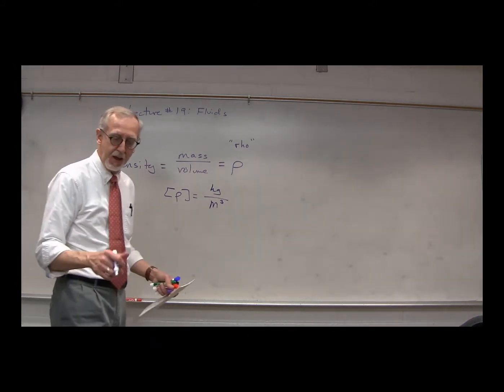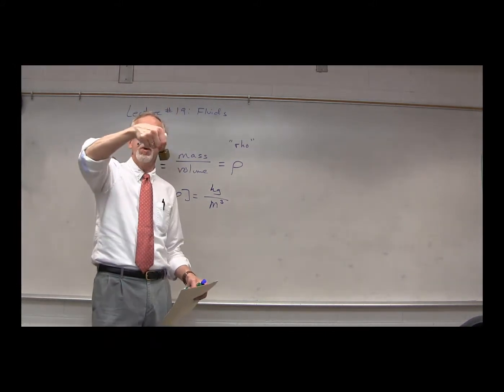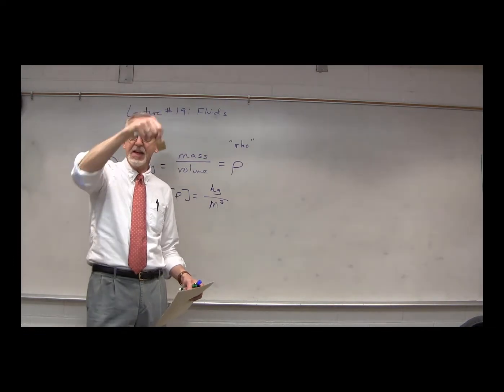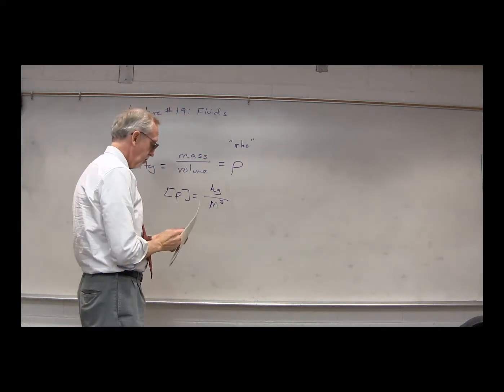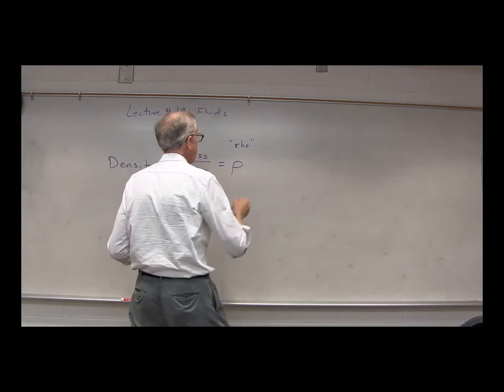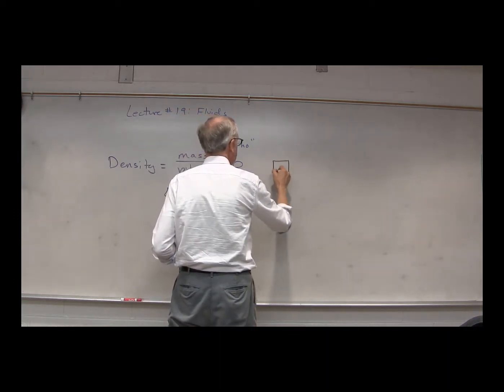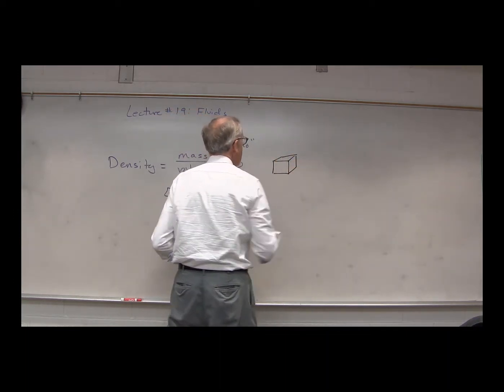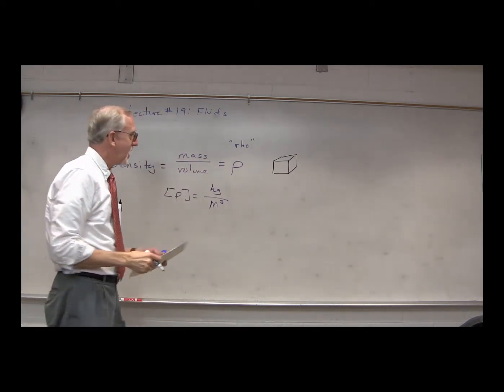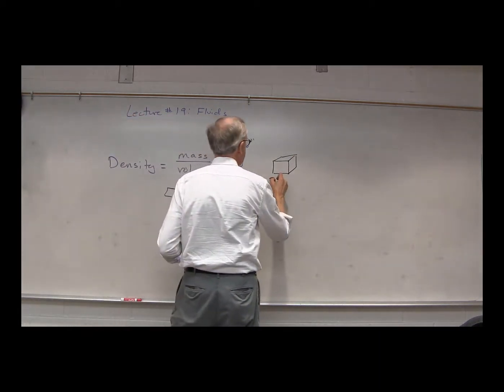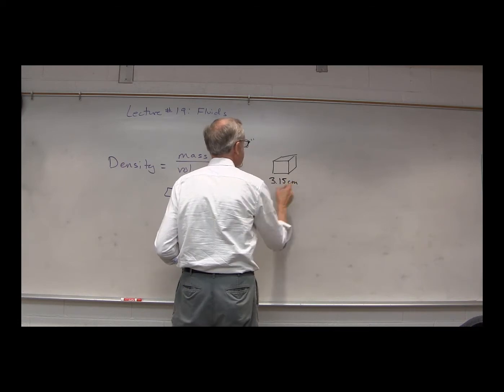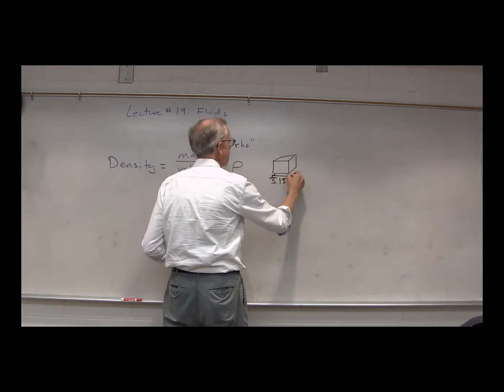Now let's look at an example. Here I've got a little cube of brass. Let's see if we can figure out what the density is. So let's imagine we've got this cube. And this cube, I measured the sides, and they were, let's say, 3.15 centimeters on a side.